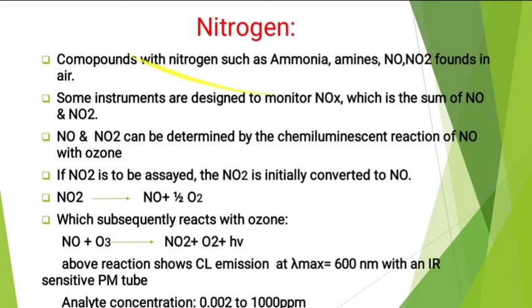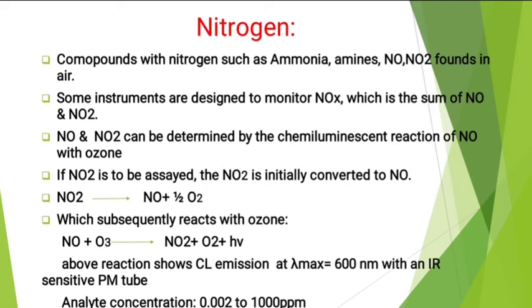The atmospheric nitrogen is the third component. Here, the atmospheric nitrogen compounds that are environmentally of the greatest interest are ammonia, amines, NO, NO2.